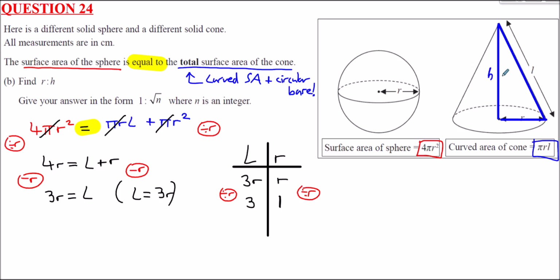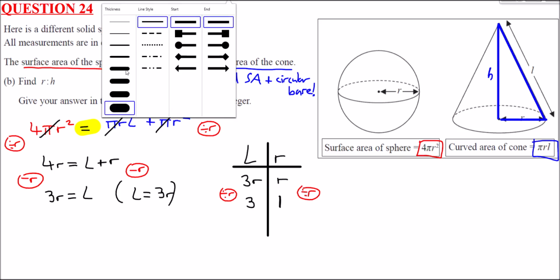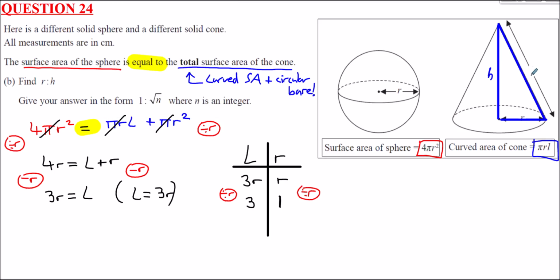So actually we can use Pythagoras to work out what h is going to be. If the ratio of L to r is 3 to 1, then I could imagine in terms of units that L is 3 units and r is 1. Based off this, I can then work out what h is.